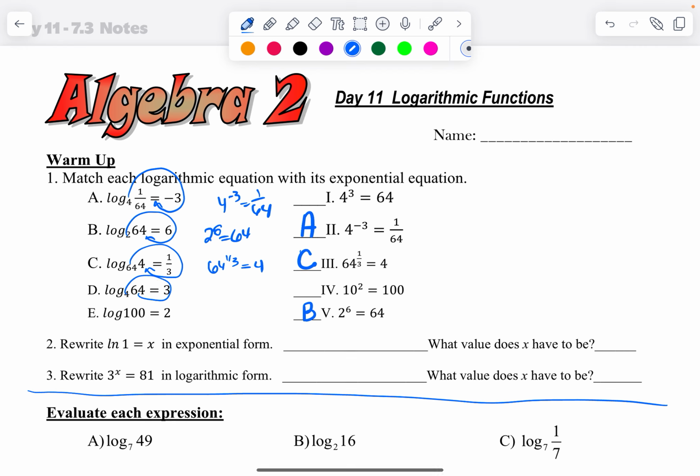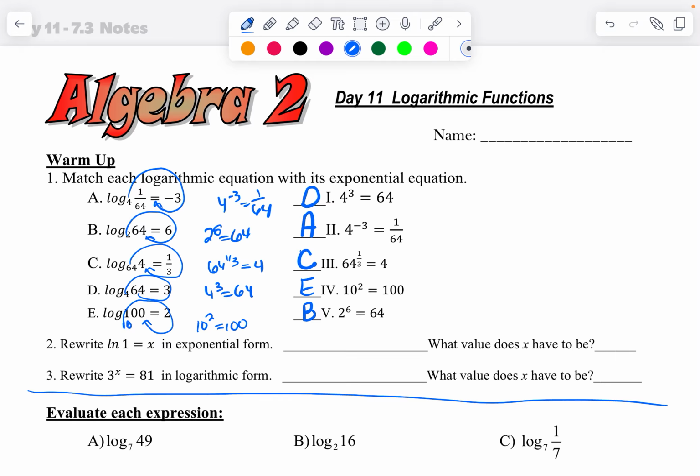And we swoop this one around, 4 to the 3rd equals 64, and that one is up here in number 1. And then remember on E, when there's no base, it's really a 10. So then you swoop around, you get 10 squared equals 100, and then that one is number 4.